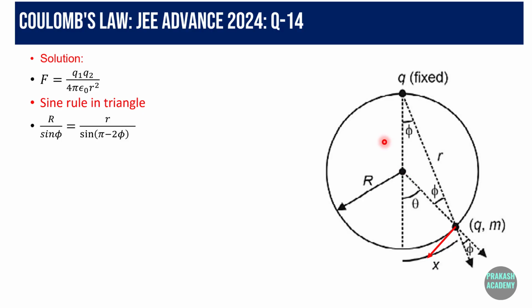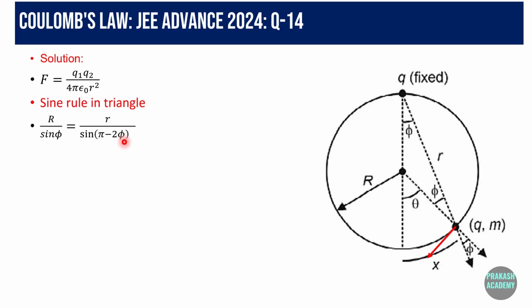If I apply the sine rule, I can say this distance r divided by sine phi is equal to r divided by this angle, that is sine of pi minus 2 phi. You may remember the sine rule: this side divided by sine of this angle, this side divided by sine of this angle, similarly this side divided by sine of this angle. All these three terms are equal.